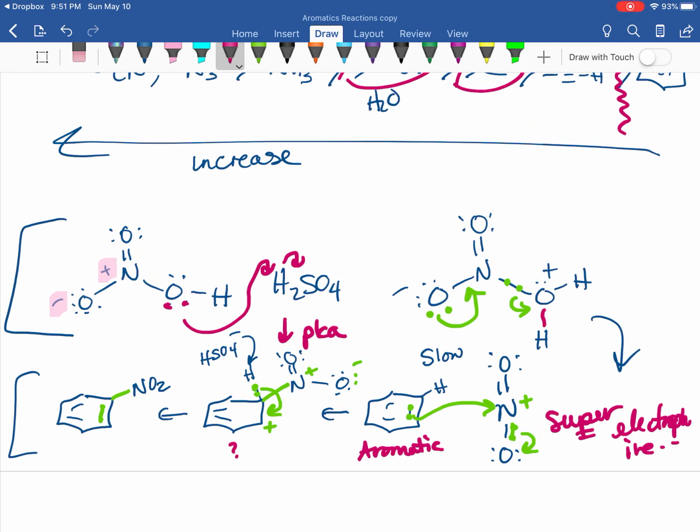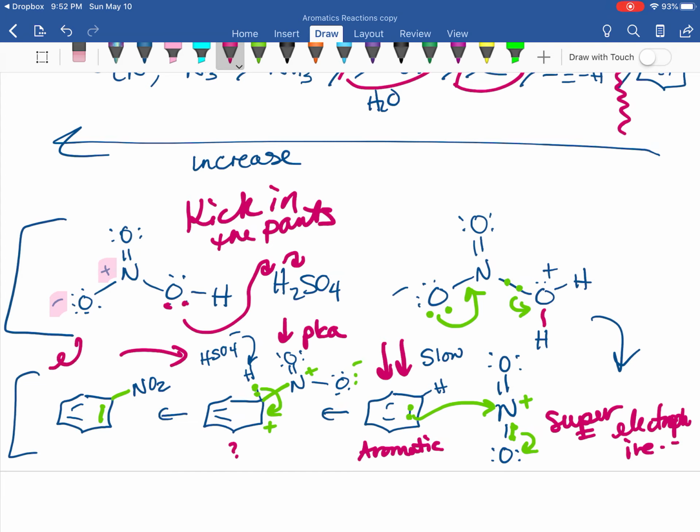So all electrophilic aromatic substitutions are going to follow this exact same pattern. Number one, you make a kick in the pants electrophile. Then step number two, you use your benzene as your nucleophile, but that's definitely your slow step. And then step number three, you eliminate.